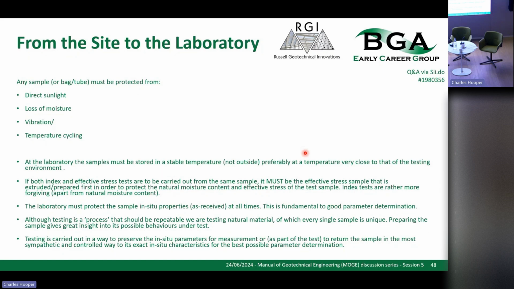But then we start moving into the higher end testing, anisotropic consolidations. Those are tests where we take the sample through part of its stress history, because the samples have a memory.